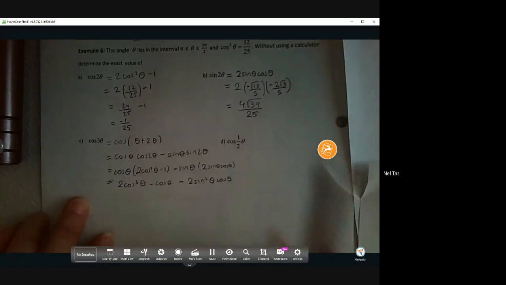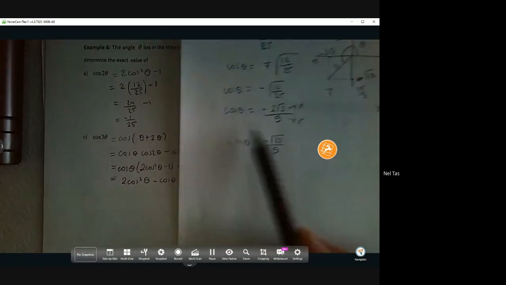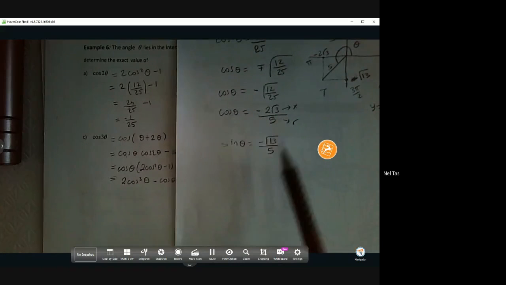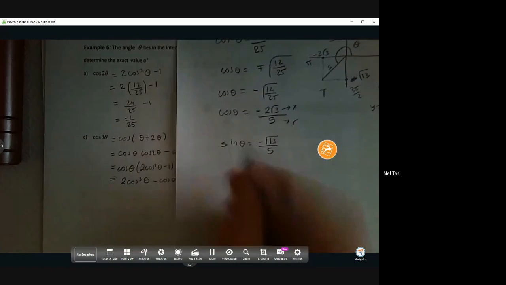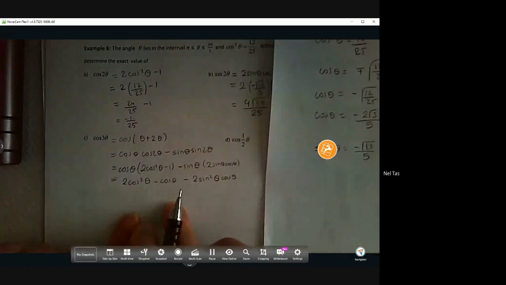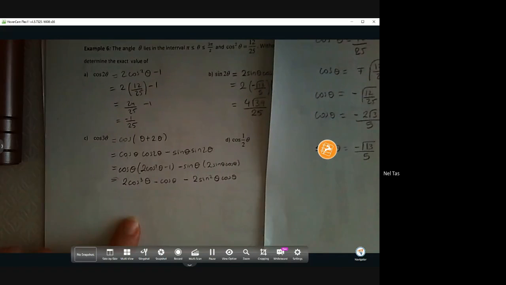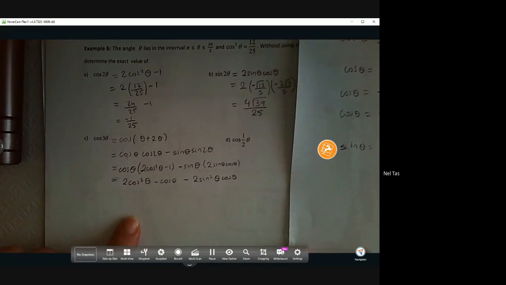Now you know cos theta, you know sine theta. You can actually substitute them here and calculate what cos 3 theta is exactly. Actually, we could also go further.